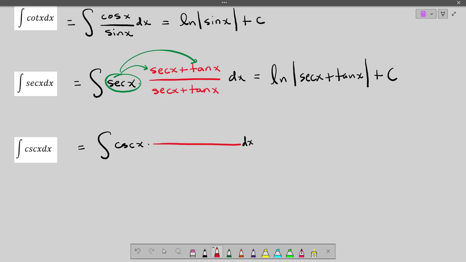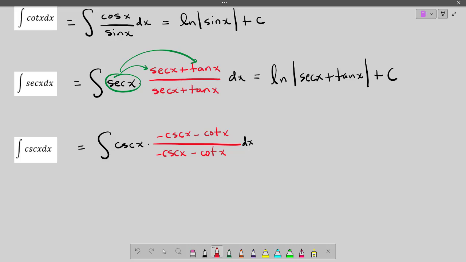So if we do a similar type of thing, we could do minus cosecant minus cotangent. If we just leave the minus sign in there, this will work. So very similar to the sec plus tan. We can do minus 1 times cosec plus cotan.